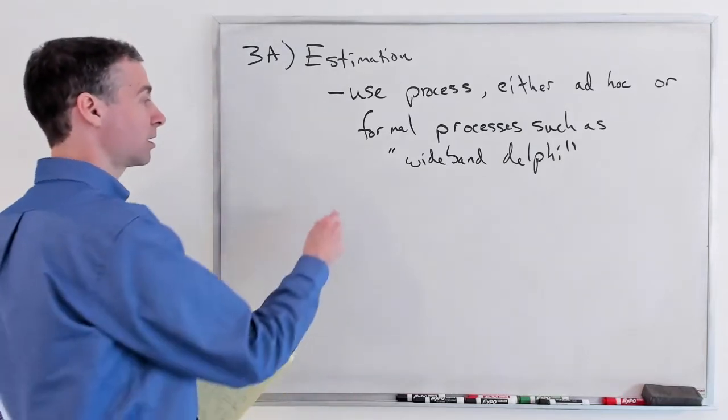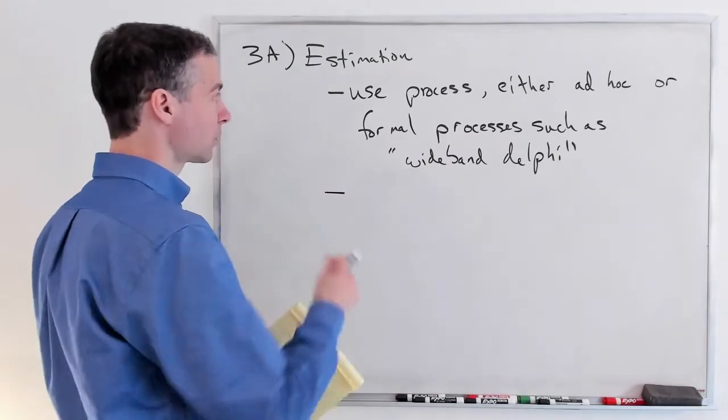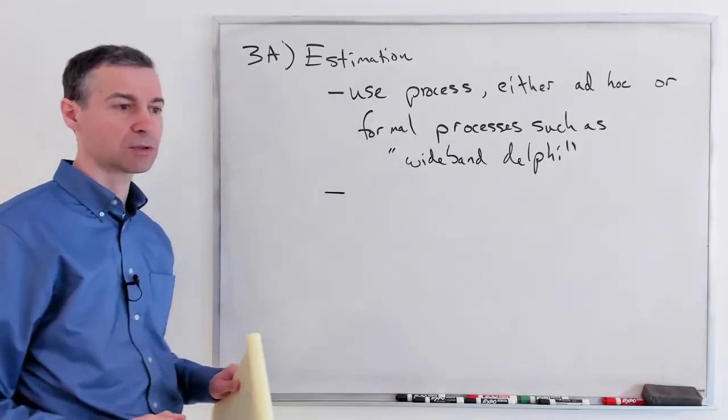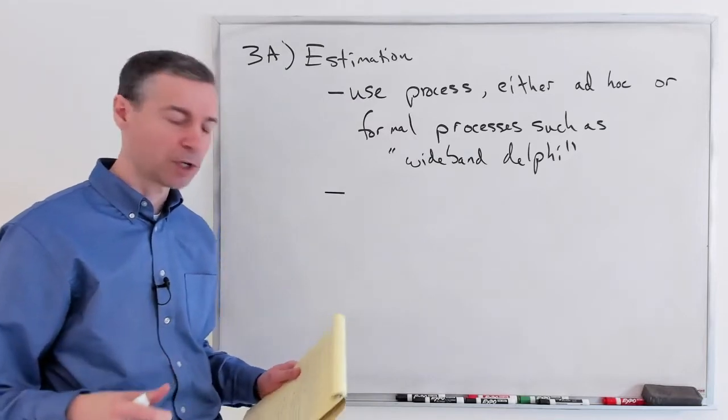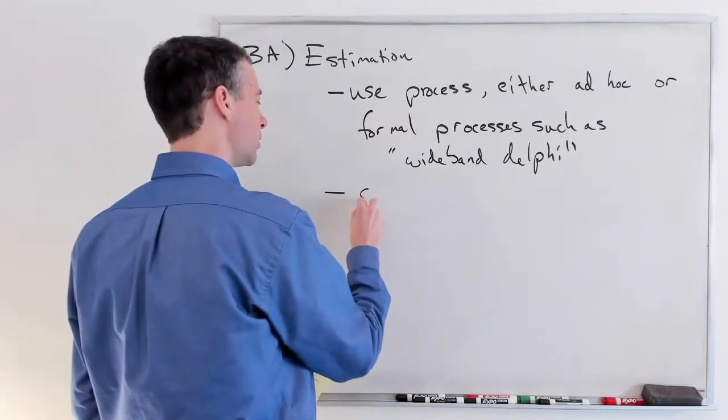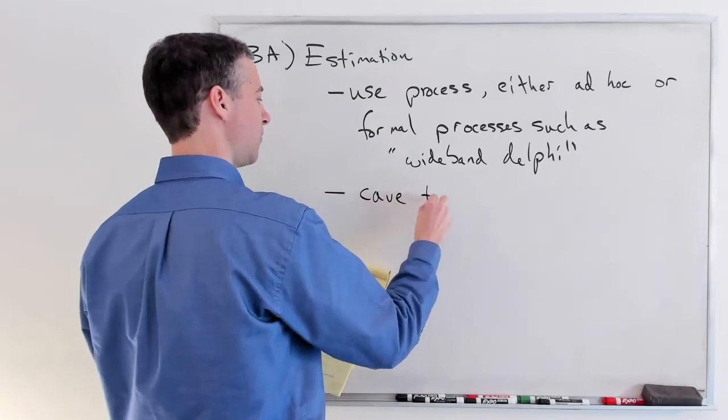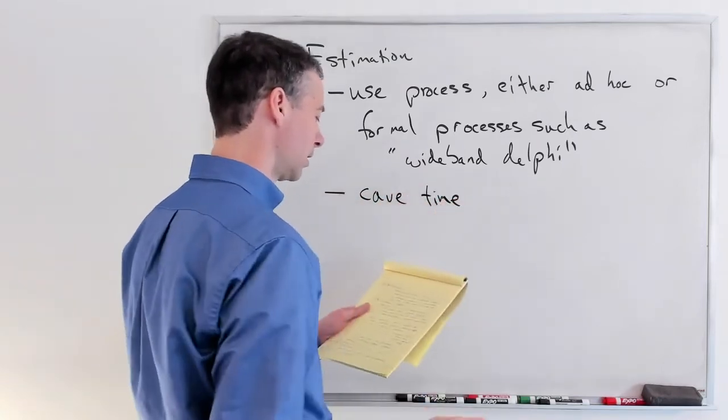One of the things that I used when I was in industry in this time period, one of the things that we experimented with for a while was we would do estimates in cave time. All right.